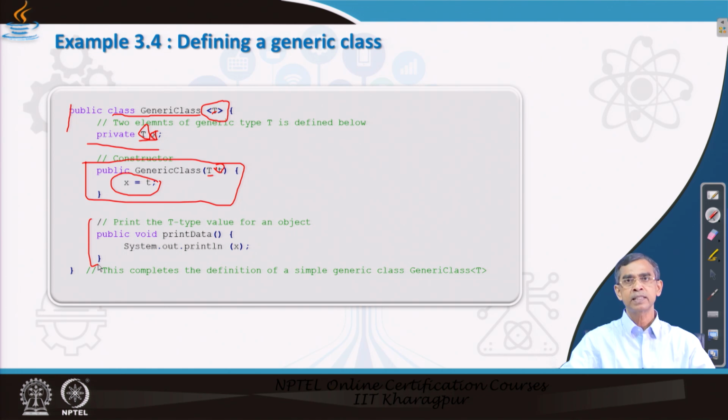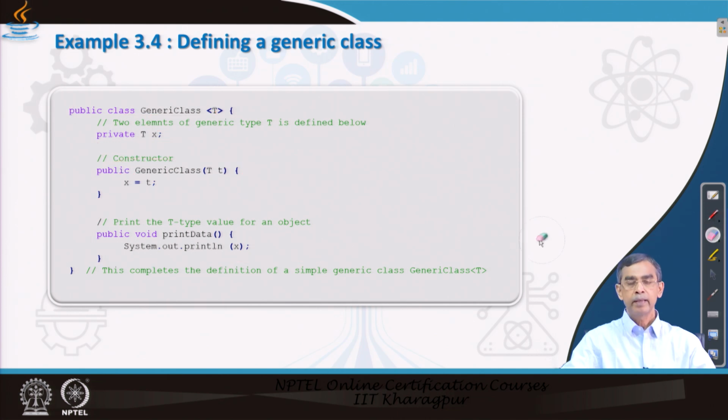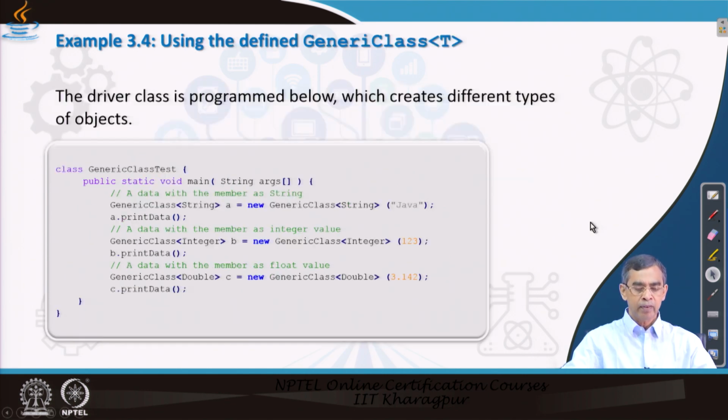In this case, we just give an example of a simple method to print all the elements which are stored in X. So, the print method will print the elements stored there in X. So, this is the simple way that a generic class is declared in this example, and now let us see how we can utilize it.